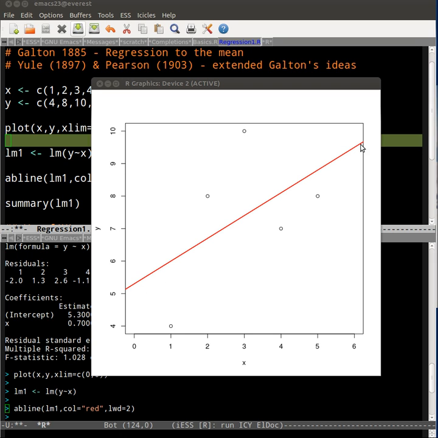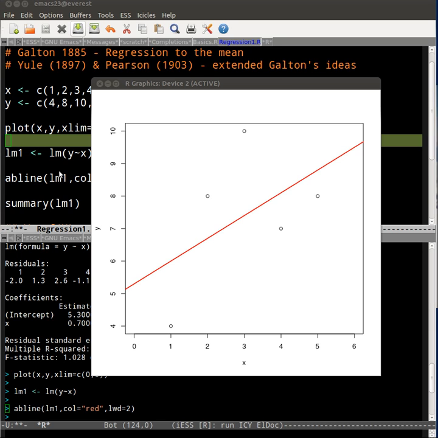It's a line that cuts in between each one. And what I want to show you is that this line that cuts in between each one is the line of best fit because of the fact that it minimizes the residuals, and more importantly, it minimizes the squared residuals.